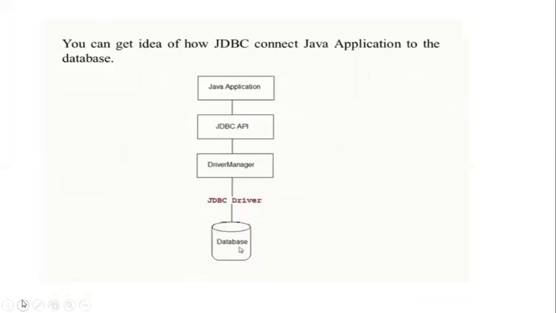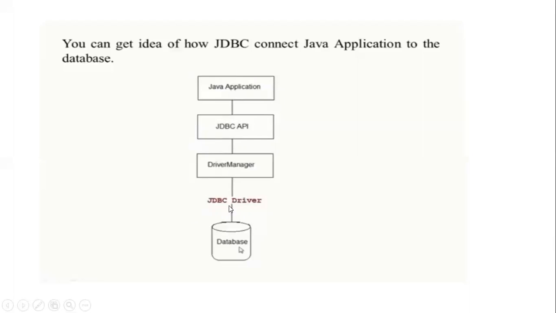Then this is a diagram about how JDBC connects the Java application to the database. Here is a database and here is a Java application. It connects to the database via the JDBC API and driver manager. The driver manager uses the JDBC driver and accesses the database.